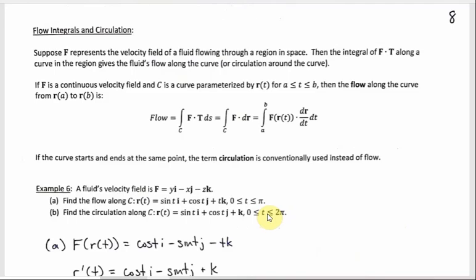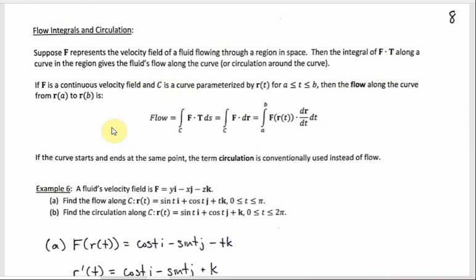The next thing is flow and circulation. And if you just look at the integral, you go, wait, it's the same one again. And it is. So now, instead of being some kind of force field, what if F is a velocity field of some fluid? Then if you integrate the dot product of F and T along some curve C, that would give you the fluid's flow along that curve.